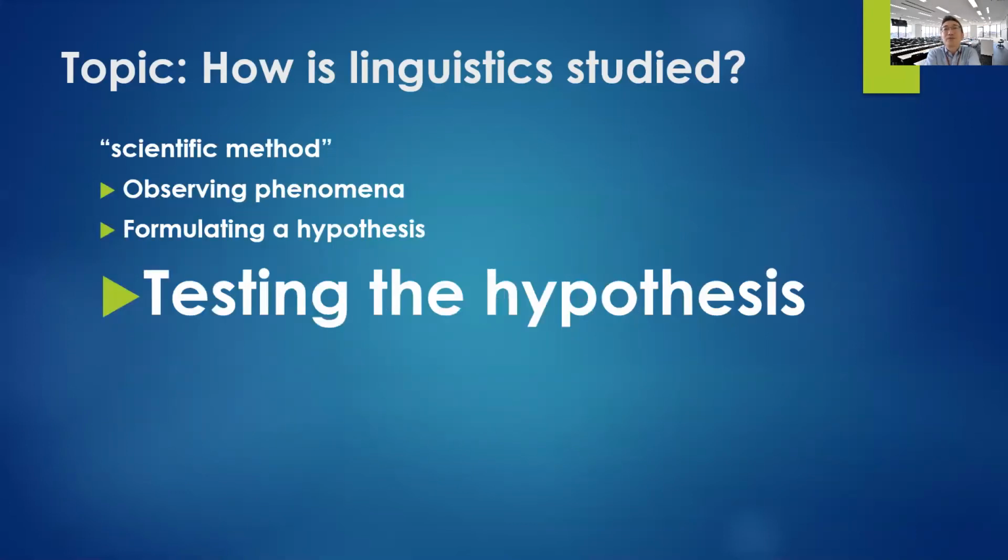So after formulating a hypothesis, just like the input hypothesis, what we have to do in the next step is to test that hypothesis. Okay? First, we have to observe the phenomenon around us. Then, after the observation, we formulate a hypothesis, and after that, we are going to test that hypothesis.